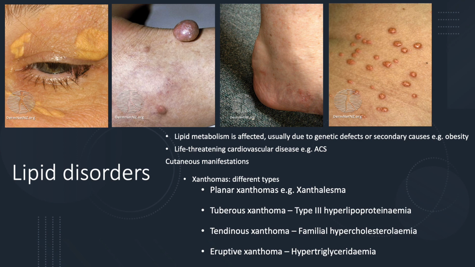So with your xanthomas, there are different ways to manage them, but most of them will be treated once the underlying dyslipidemia has been treated. Once the underlying dyslipidemia has been managed, these xanthomas should decrease. You could also manage them cosmetically using topical trichloroacetic acid, cryotherapy, laser treatment, or excision.